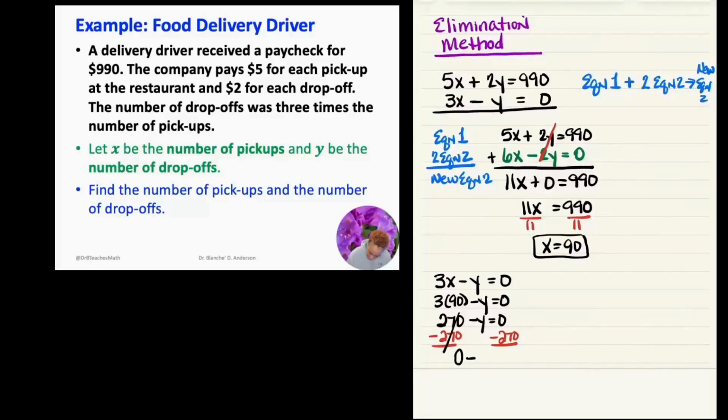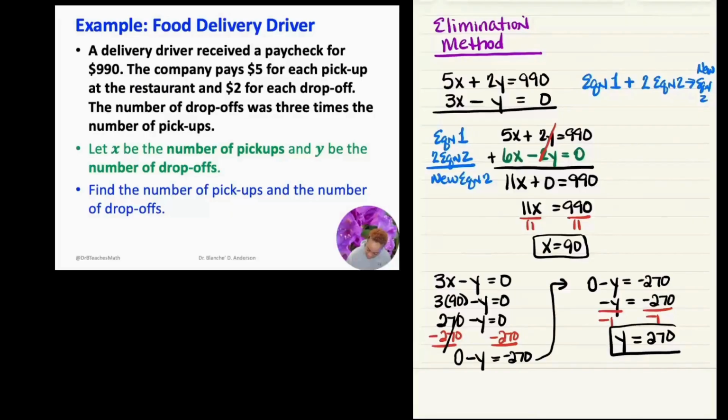So that's 0 minus y equals negative 270. That's going to be negative y equals negative 270. I put the 0 because some people forget that that's still subtracting. It's just nothing minus the 0. So you end up with y equals a positive 270 because you had to divide both sides by a negative 1. Okay? Cool beans?